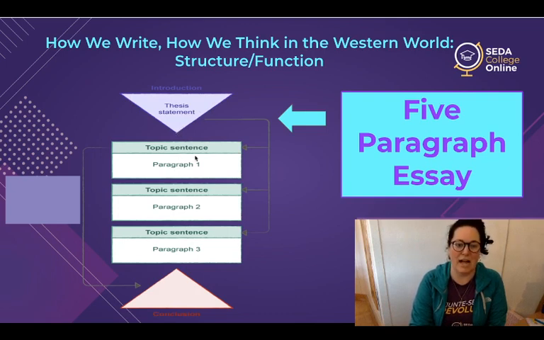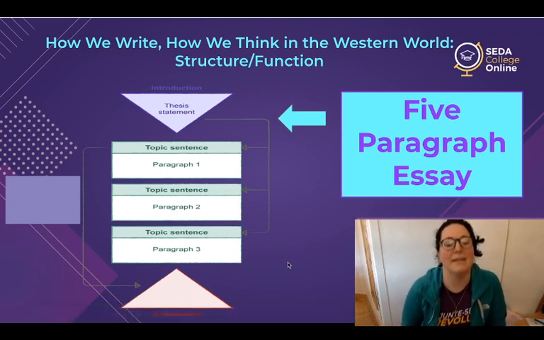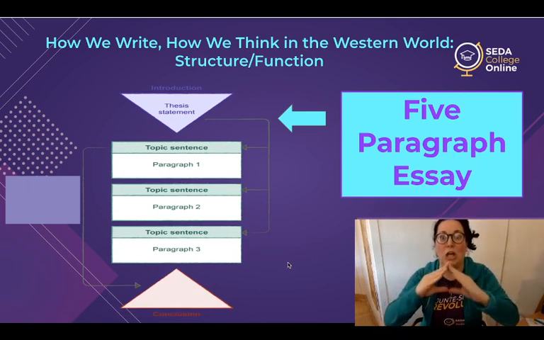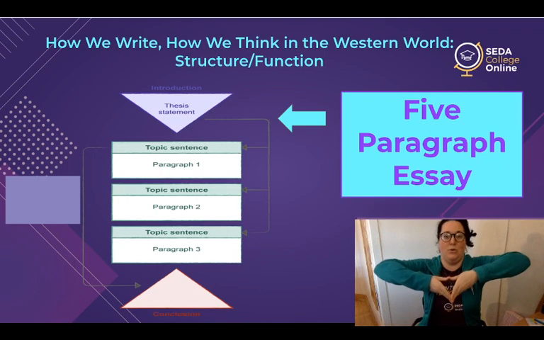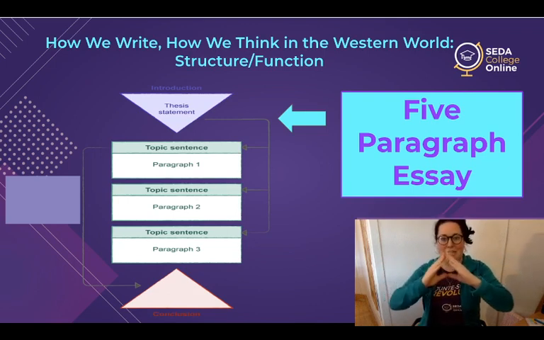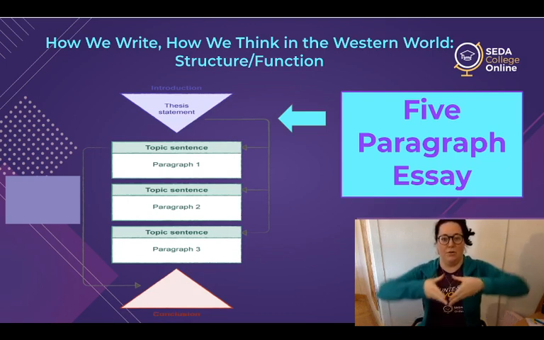And then we have the conclusion in the lower triangle, which is a right side up triangle, as opposed to the upside down triangle, which is the introduction. The conclusion's like this because you're going to start with your specifics, your main point, and then go general. So it's the opposite.